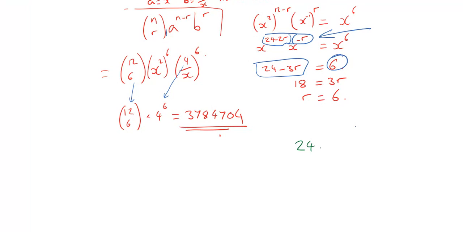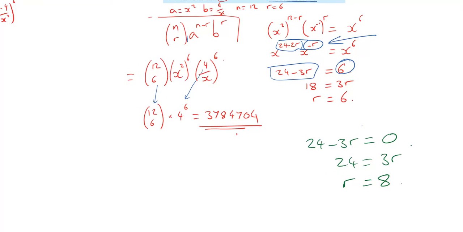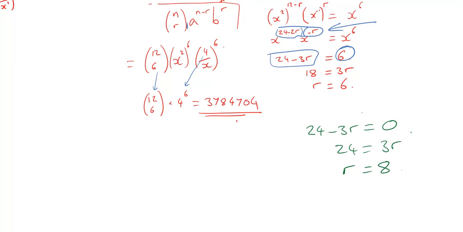So 24 minus 3r is equal to 0. That will mean that 24 is 3r, and that means that in this particular case, r is going to be 8. So if we know that r is 8, then our generic term is going to become 12C8, x. Well, we don't need to worry about any x's.